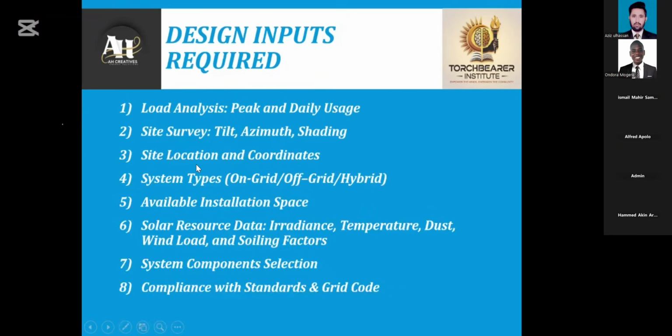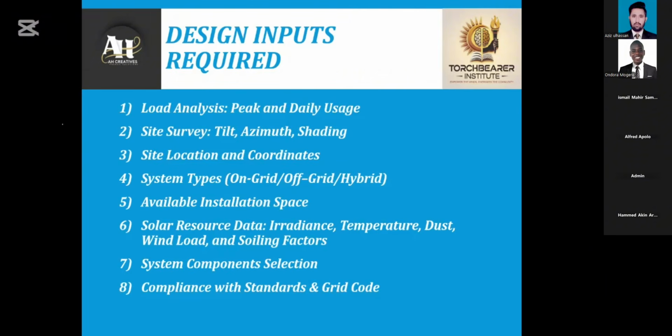So when doing designing, there are some design input requirements. For example, when doing an off-grid, on-grid, or hybrid system, there are some things that you're supposed to consider. The first thing is to do a load analysis. During load analysis, you're going to consider the peak demand and also the daily energy use.